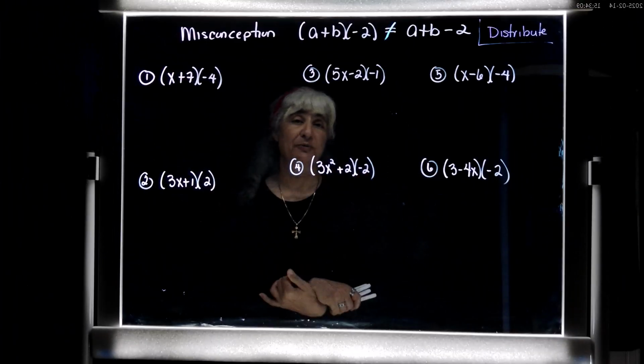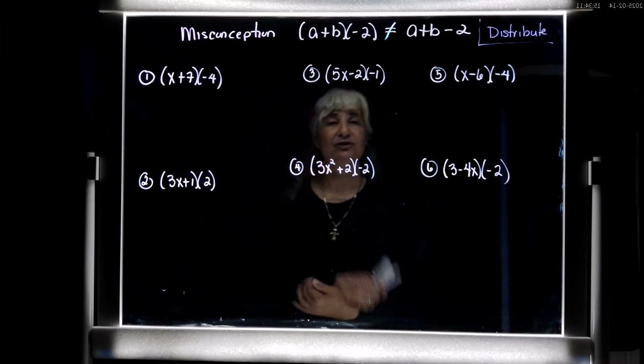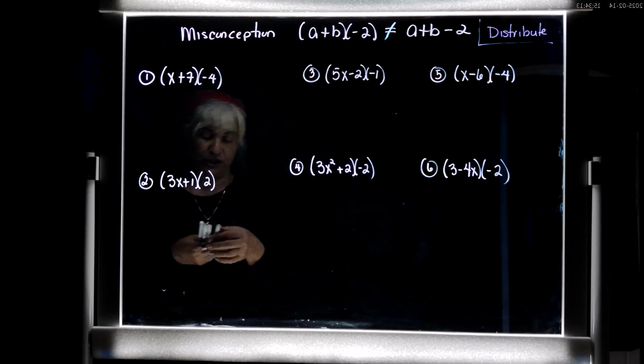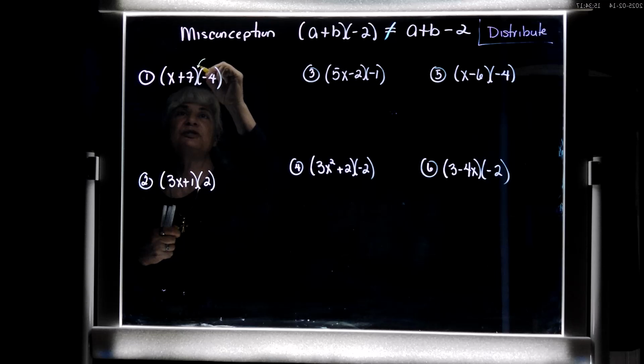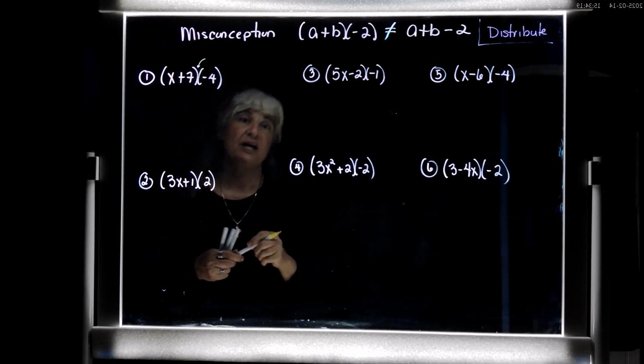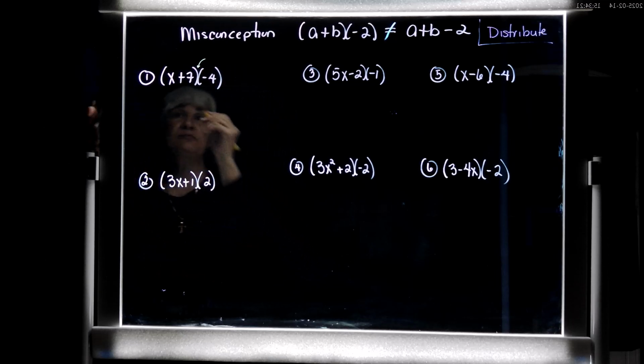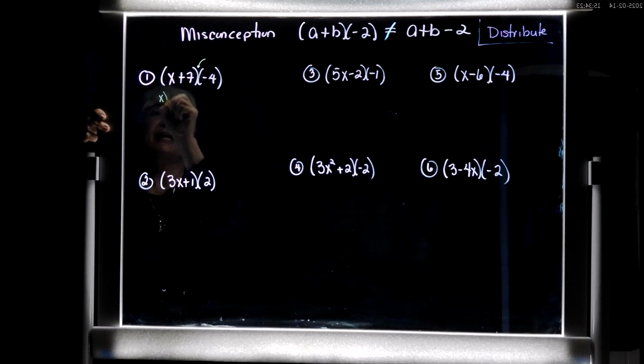Okay, how'd you do with these problems? Let's check it out. Let's see if we agree on the answer. So, first question I have is this. What's the operation between these two parentheses? Good, it's multiplication, which means you are taking x and multiplying by -4. You're also taking the 7 and multiplying by -4.